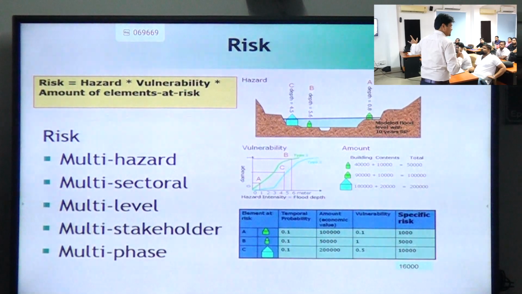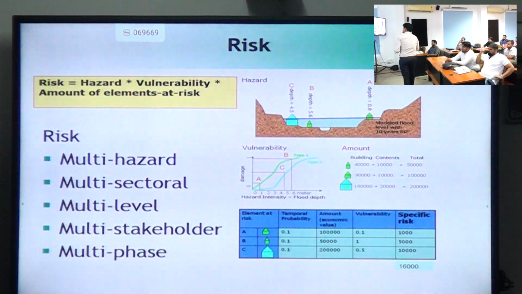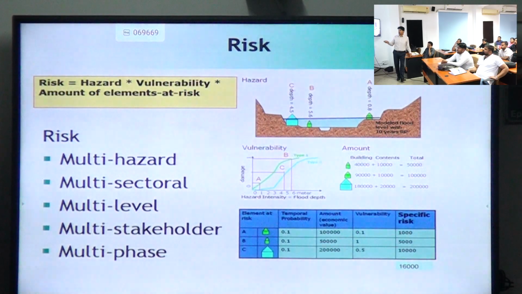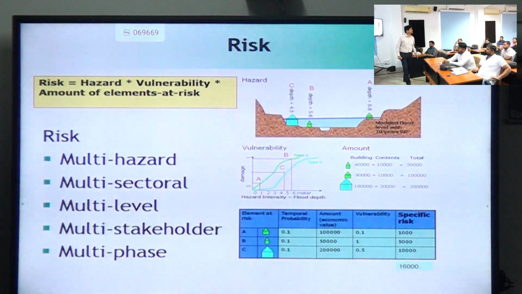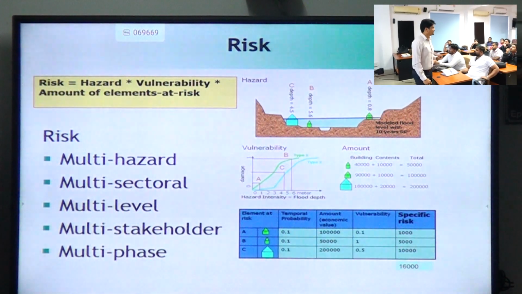Now you understand this concept. 1 is totally damaged. Now if you go to C, obviously it's a bigger house. Construction cost is high. But if you look at it, almost three-quarters of the house is submerged. That is why it is given 0.5. Now, who gives this value? This is why economics also comes into play.